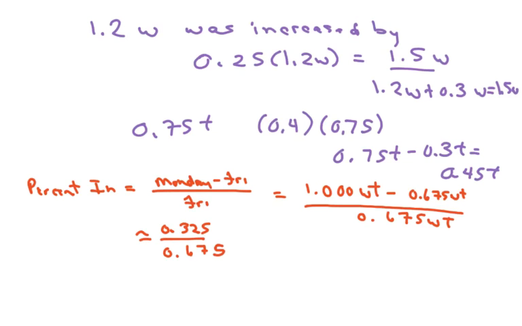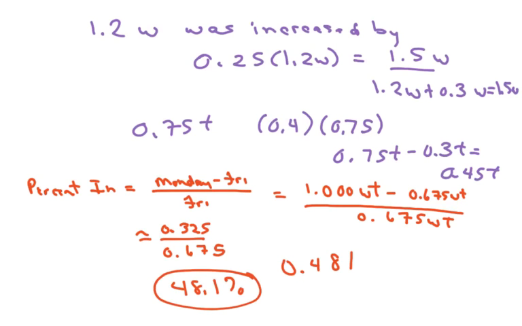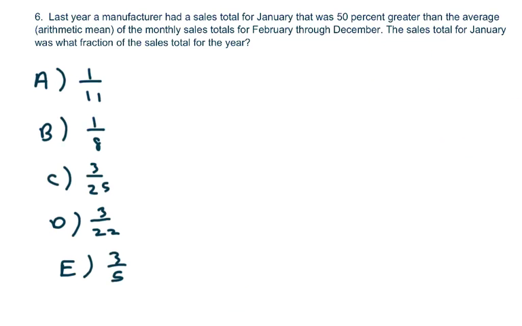And on your calculator, you get approximately 0.481, which is approximately 48.1%, which is closest to answer C. So answer C would be the correct answer. All right. And I think, do we have one more? Yeah. All right, so now we have one more.